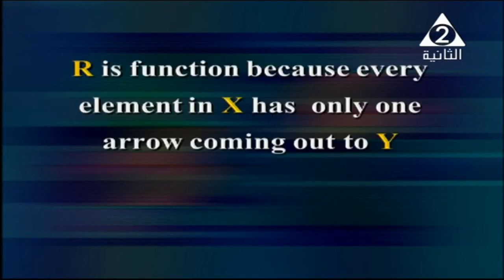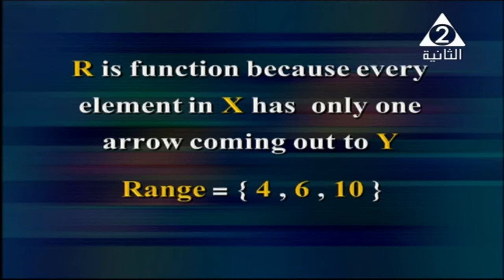Yes, of course, R is a function because every element in x has only one arrow coming out to y. And as it is a function, we can find the range. It is a subset of y, and it is going to be {4, 6, 10}.